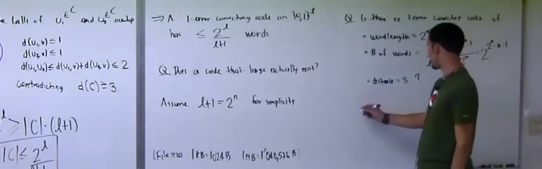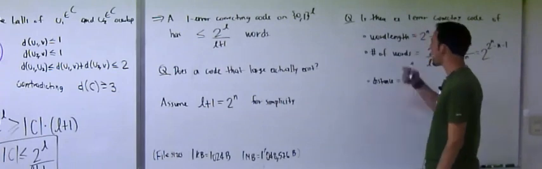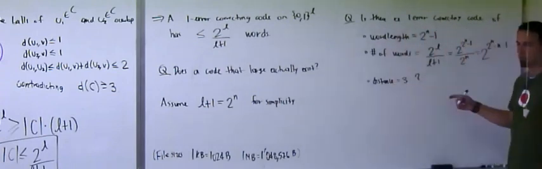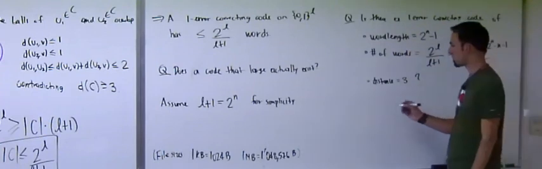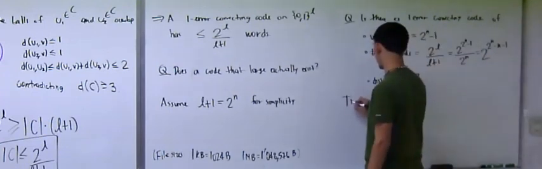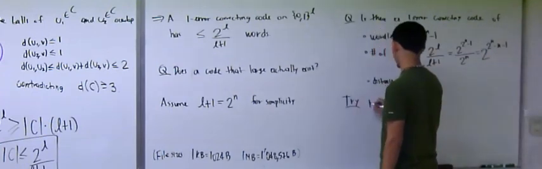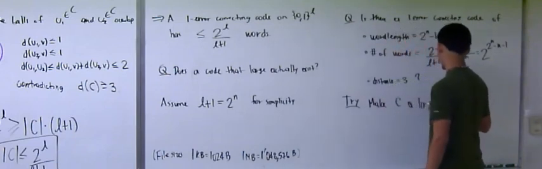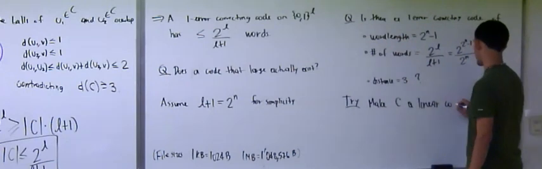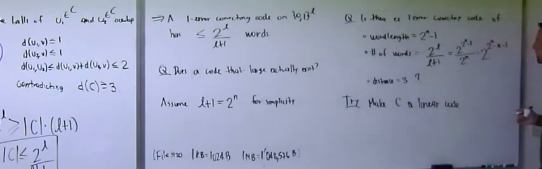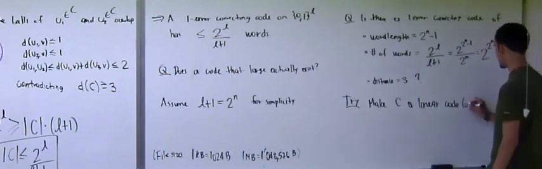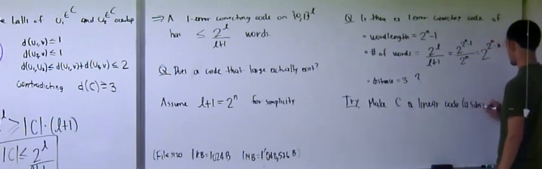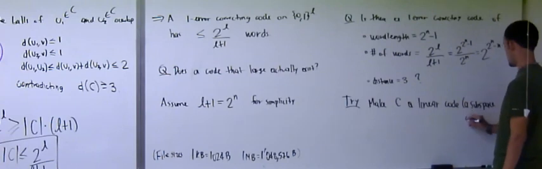And so we might even hope that we're going to get this to be a linear code. Okay. Try to make C a linear code. If it is a linear code, that means it's just a subspace of what?